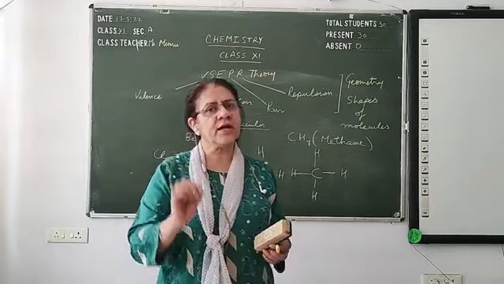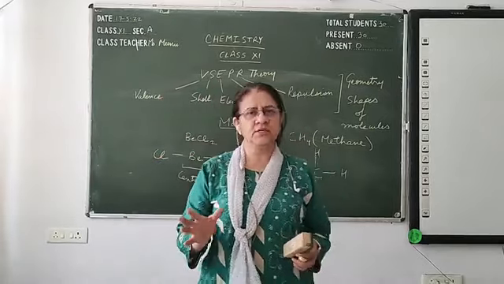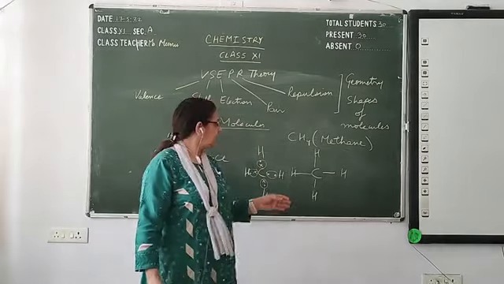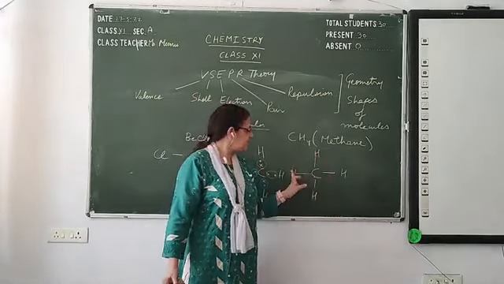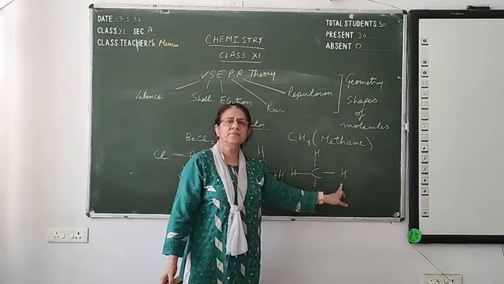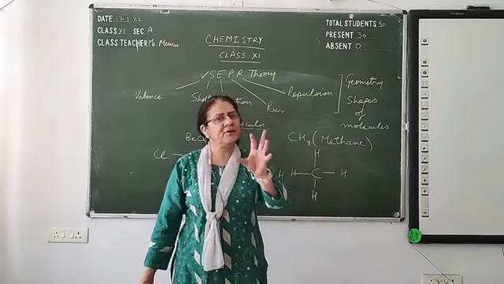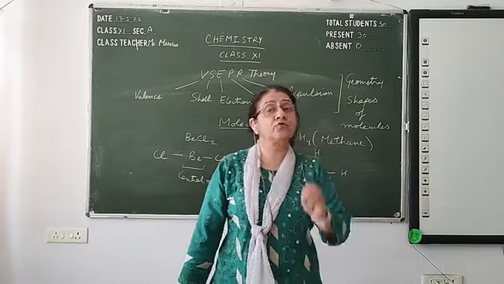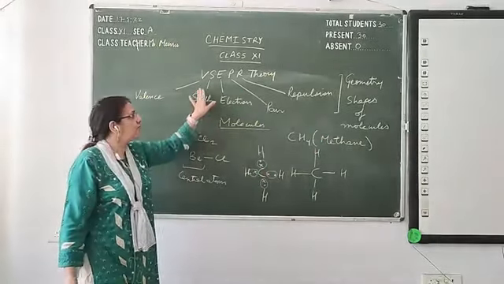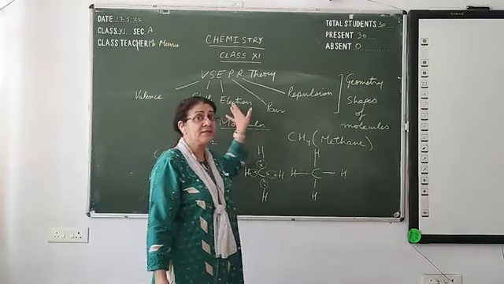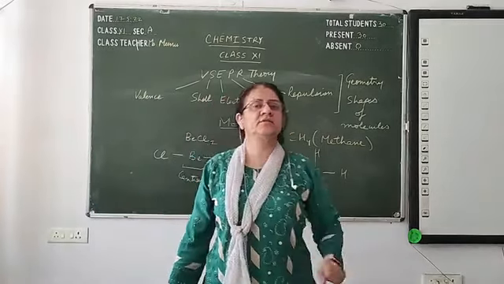So in valence shell electron pair repulsion theory, you have to remember that there is a central atom which is surrounded by other atoms, and the valence shell of the central atom has electron pairs.